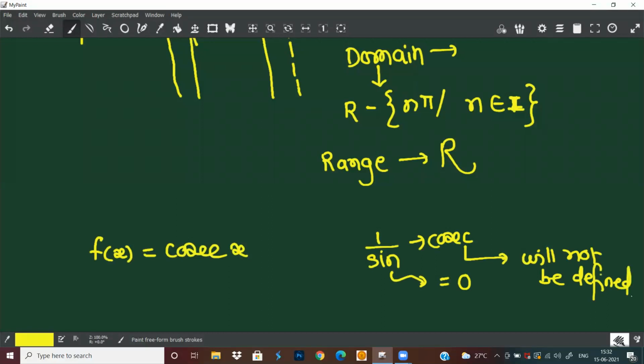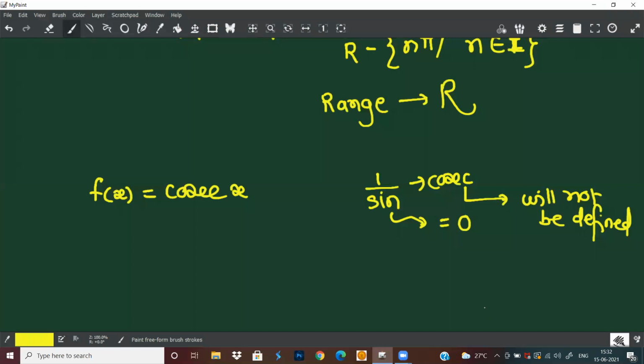Correct? तो क्या होता है इसमें? Tell me. Sine 0, 1 pi, 2 pi, 3 pi, 4 pi, and so on. मतलब all integral multiples of pi and my sine will be 0. So they are all red zones for cosec.